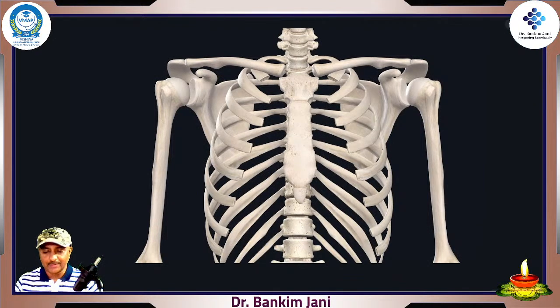Now let's come to ribs. Very interesting. Ribs are extremely interesting because when you breathe, when the chest is moving, you have to do two things. One, you have to give more space anteroposteriorly, so the chest should expand, and vertically also it should expand, so that the lungs can really expand and you can breathe.